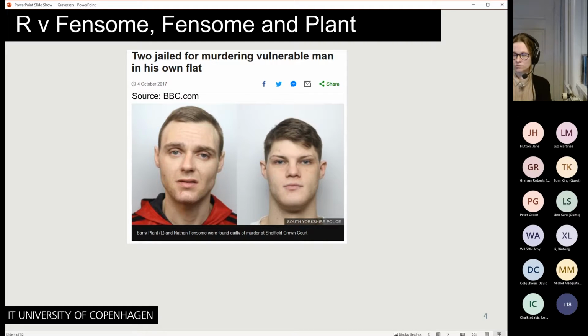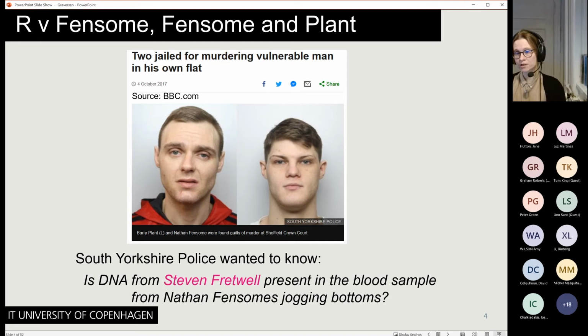Nathan Fenton, to the right, was wearing a set of jogging bottoms with blood spatter on. This blood spatter was a mixed sample of DNA. While I say this is blood, it was also mixed in with other sources of DNA, other fluids, I don't know. But it was a mixed sample of DNA, and the police hoped that the victim's DNA was somehow present in this sample.